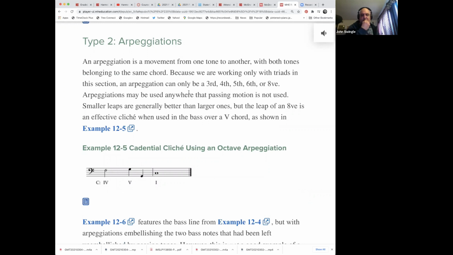Yeah, Pete, you're right. Because we are working only with triads in this section, an arpeggiation can only be a third, fourth, fifth, sixth, or octave. Arpeggiations may be used anywhere that passing motion is not used. Smaller leaps are generally better than larger ones, but the leap of an octave is an effective cliche when used in the bass over a 5 chord, as shown.